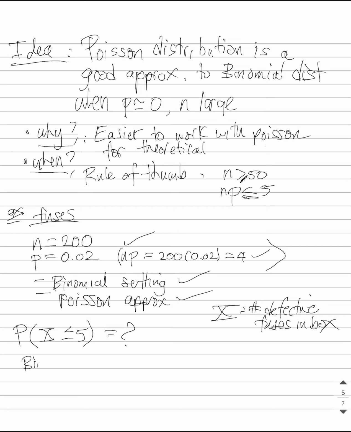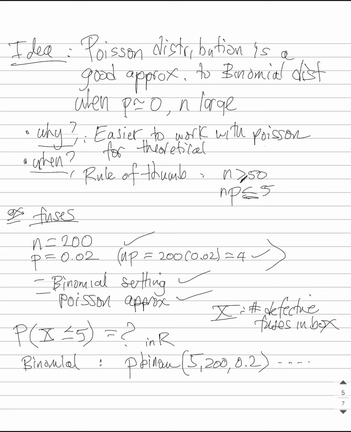Now, if I were to do this with binomial, I could use the binomial CDF. So in R, this would be pbinom with 5, 200, 0.02. But that's fine. You can get a number and you can use that number for comparison's sake.